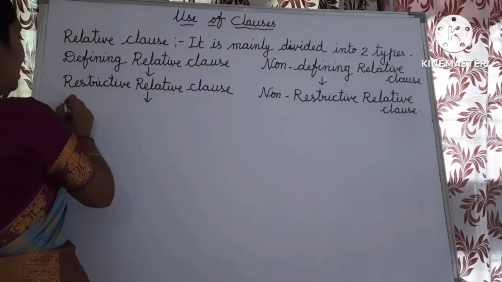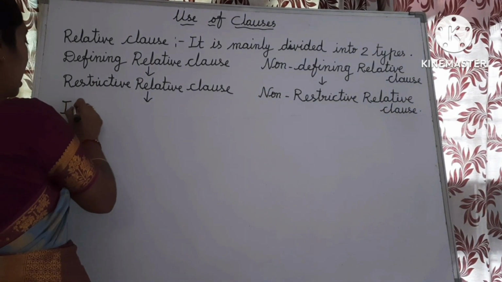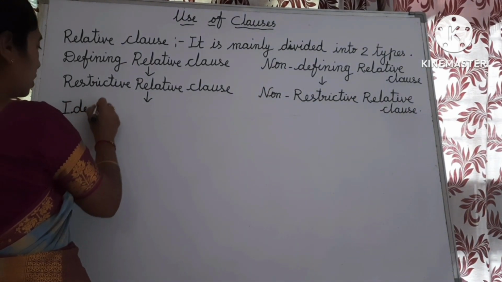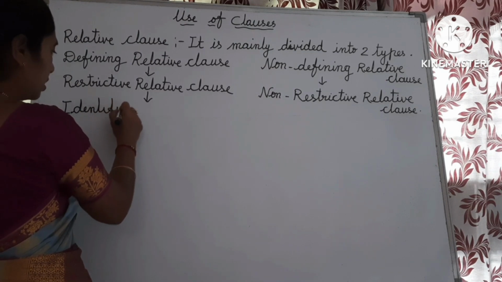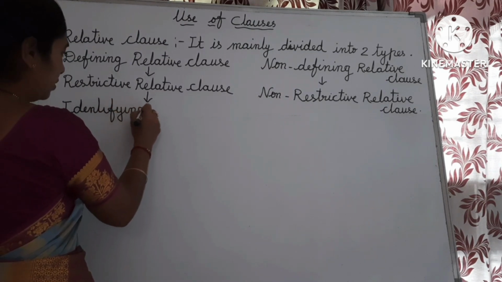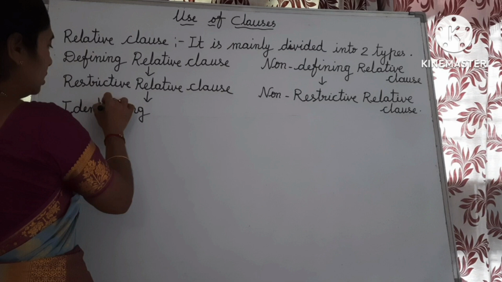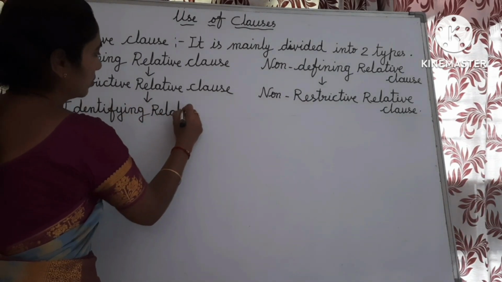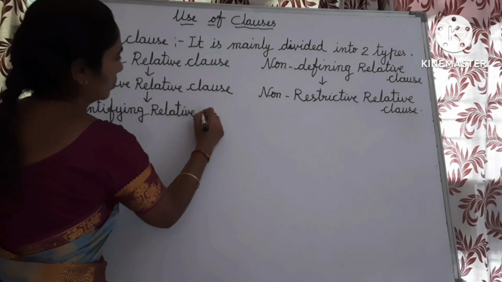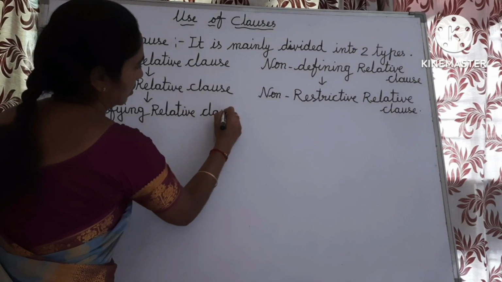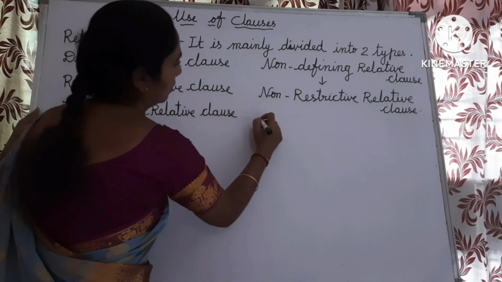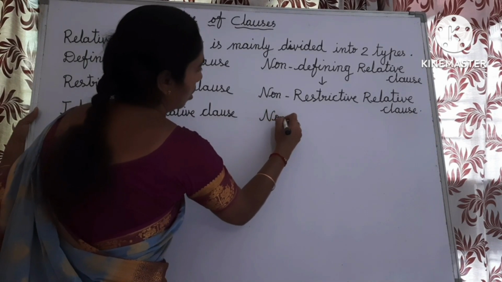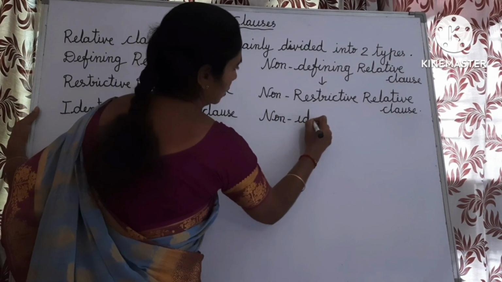We call it identifying relative clause also. The other name of defining relative clause is identifying relative clause, and this is non-identifying relative clause.